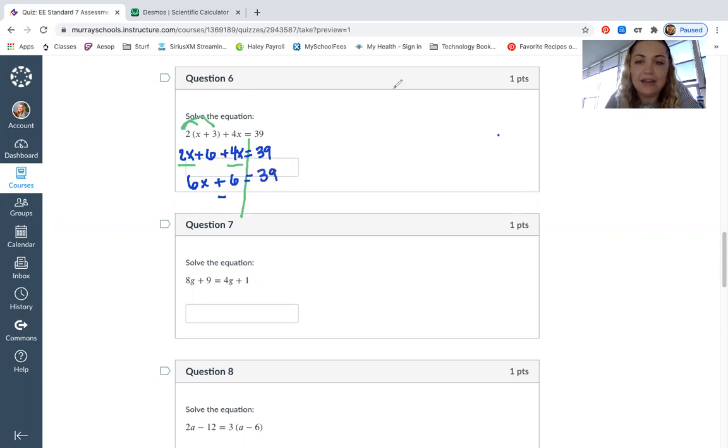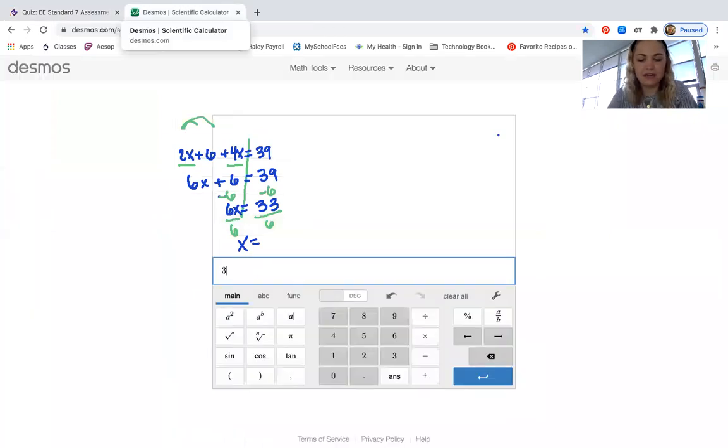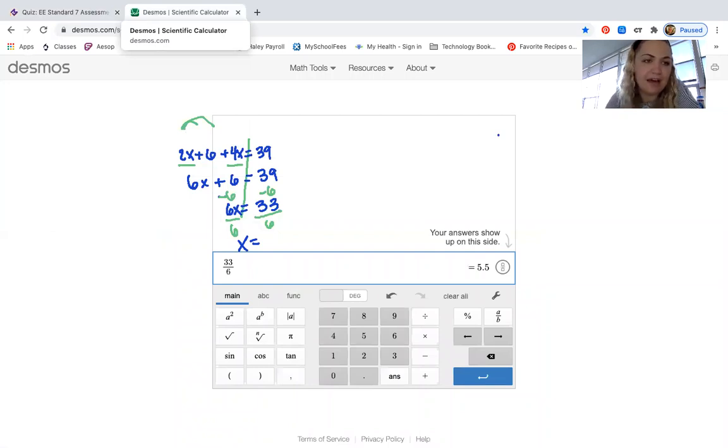I can then, forgot to switch colors, I can subtract 6, and I get 6x equals 33. Last step, divide by 6, and I get x equals, I'm going to do a decimal approximation here, so I'm doing 33 divided by 6, and I get 5.5.